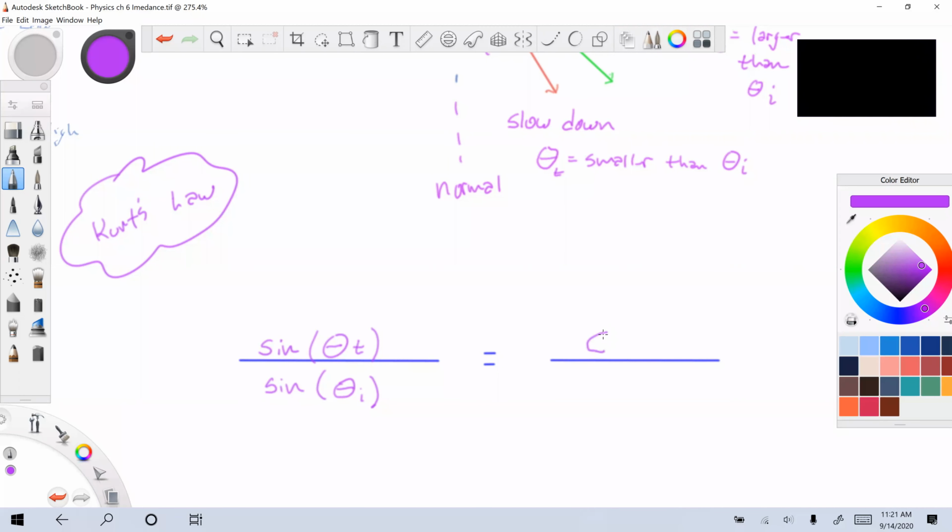I'm just going to put C, medium 2, over the speed of sound C in medium 1.